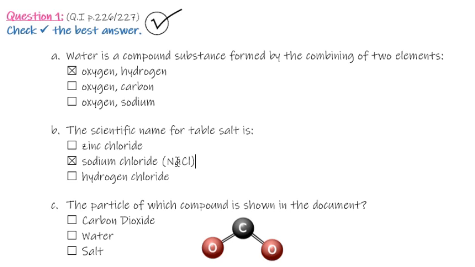And this compound has two O in it, di-O. So it's the carbon dioxide. This compound is made of one carbon atom, two oxygen atoms, and this goes for carbon dioxide. Good job.